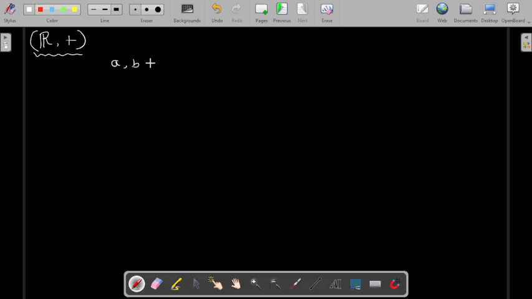What is the composition here? The composition is addition. So with respect to addition, a plus b belongs to the real numbers, and it would occur for every a, b belonging to the real numbers. So our first property, the closure property, is satisfied.